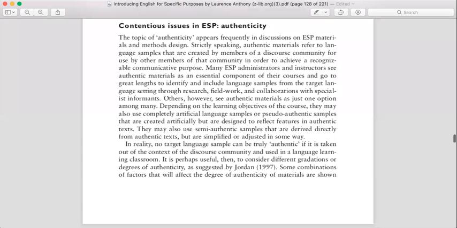Now, what are the problems with the material in ESP? The biggest problem is related to authenticity. Okay. What happens is you take the samples.